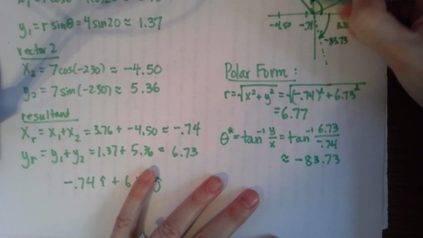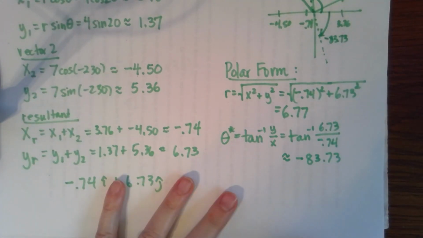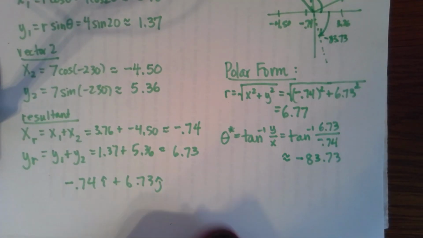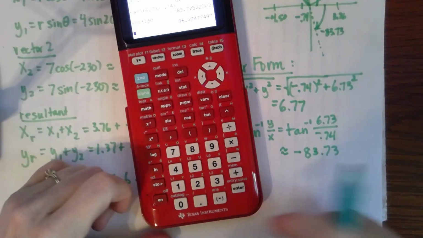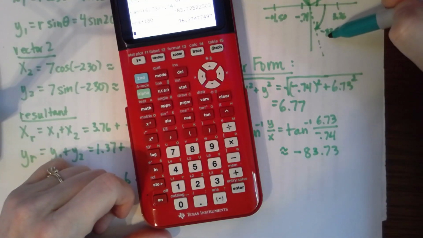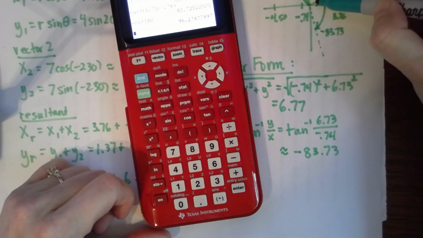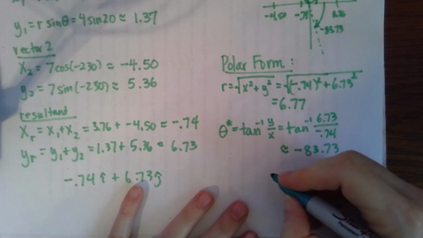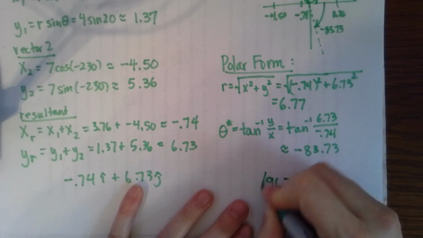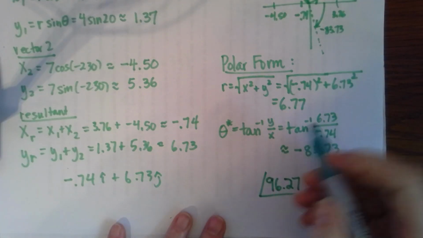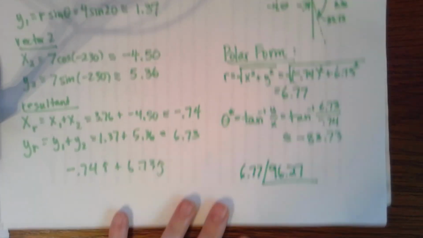So I just need to make sure that I subtract this from 180. So I'm really looking at this 96.27. Okay, so in polar form, I've got 96.27 as my angle and my 6.77.